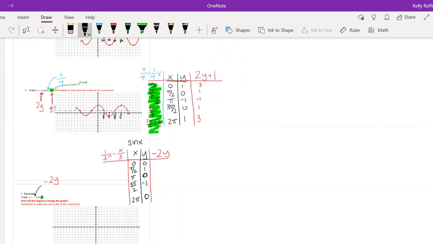All right, so I'm going to leave that one there. You guys can try at your tables. I'll give it a minute or two, and then I'll graph mine and see if we all match up.